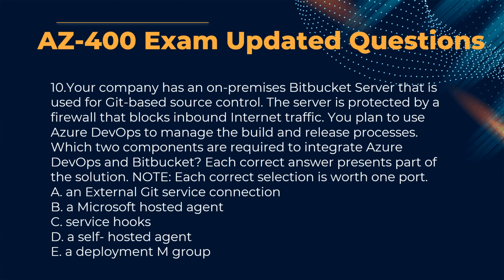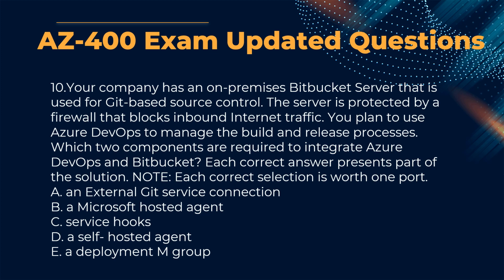10. Your company has an on-premises Bitbucket server that is used for Git-based source control. The server is protected by a firewall that blocks inbound Internet traffic. You plan to use Azure DevOps to manage the build and release processes. Which two components are required to integrate Azure DevOps and Bitbucket?